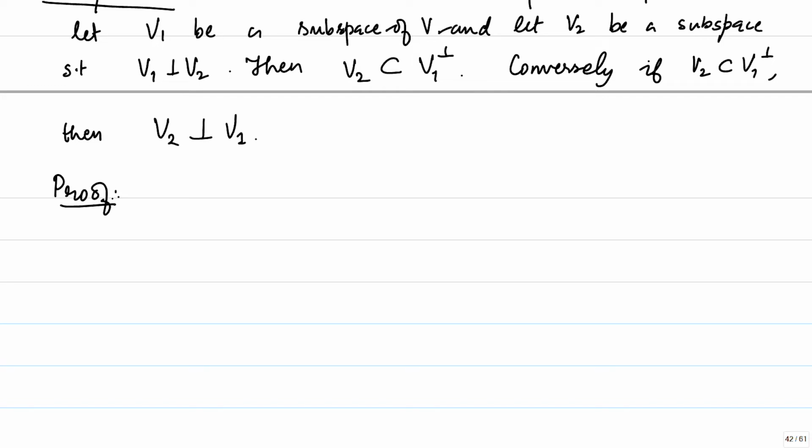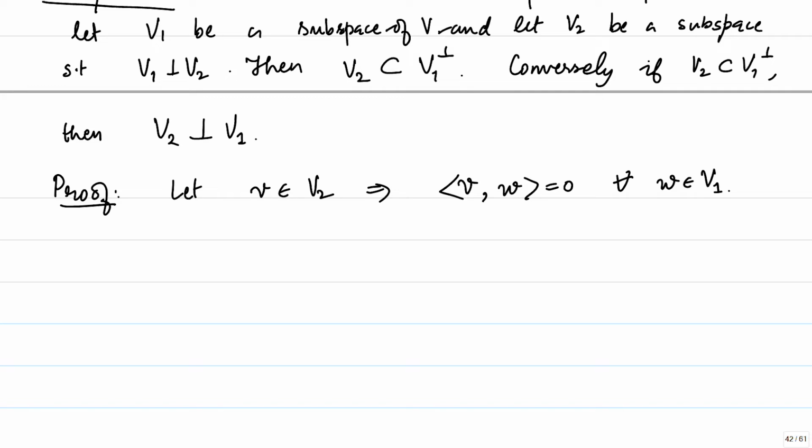It is actually quite straightforward. Let us try to prove that if V2 is orthogonal to V1, then it is contained in the orthogonal complement. So, let V be a vector in V2. This implies that V inner product with W is equal to 0 for all W in V1.